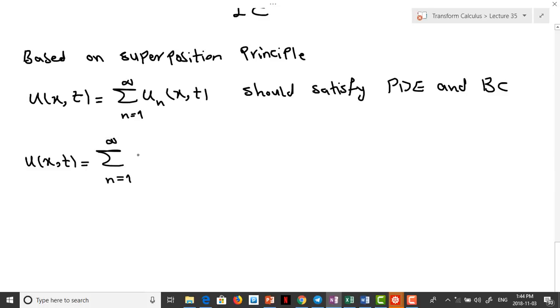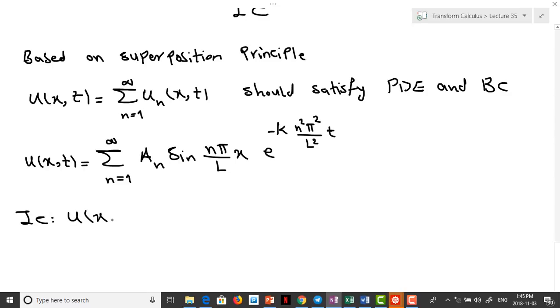So in fact, u of x and t is equal to summation of n from 1 to infinity. Un of x and t we said is equal to an sine n pi over lx e to the power of minus k n squared pi squared divided by l squared times t. Initial condition says that u of x and 0 should be equal to x.